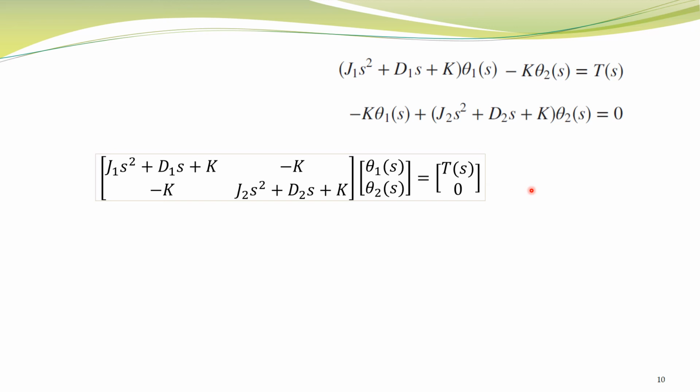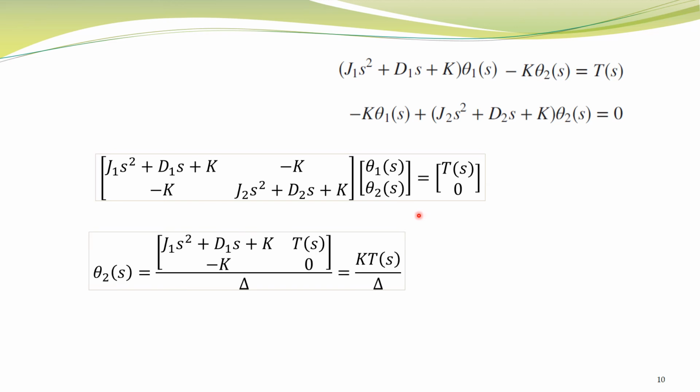For that purpose, we can write these equations in matrix form as shown over here, and then apply Cramer's rule, which is given by theta 2(s) equal to the determinant of this expression divided by delta.